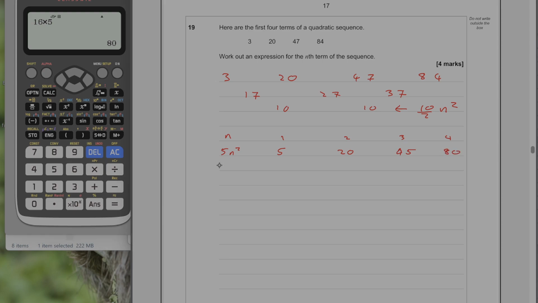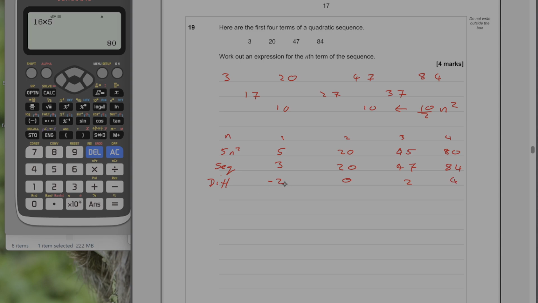Right, if we look at the actual sequence, the sequence was 3, 20, 47, and 84. And then if we look at the difference between the sequence and 5n squared, I want to find out what we need to add to this. So we've got minus 2, 0, 2, and 4.